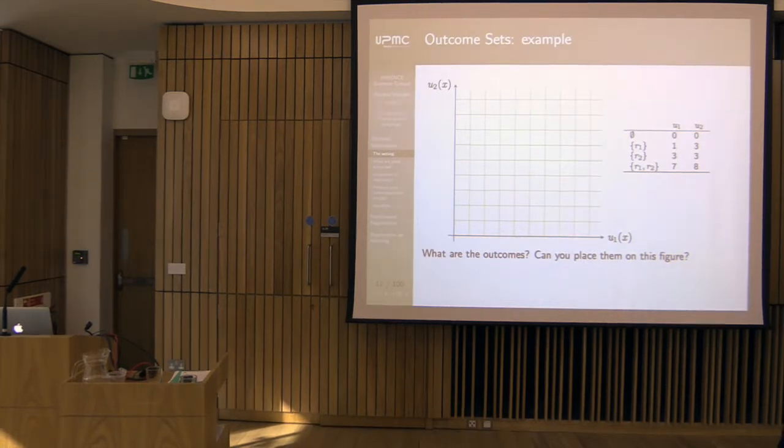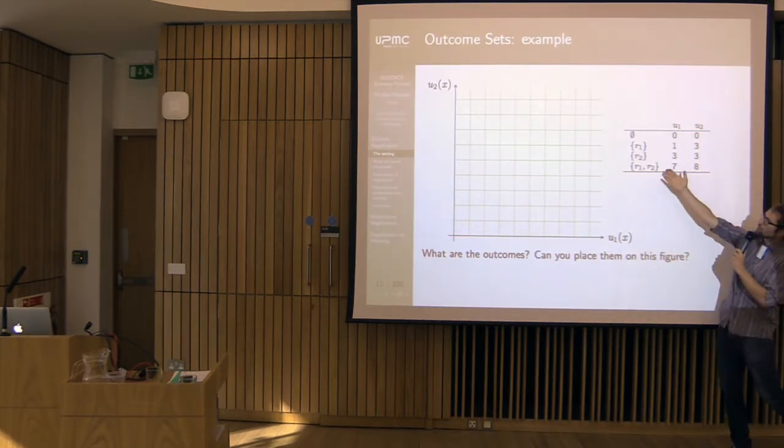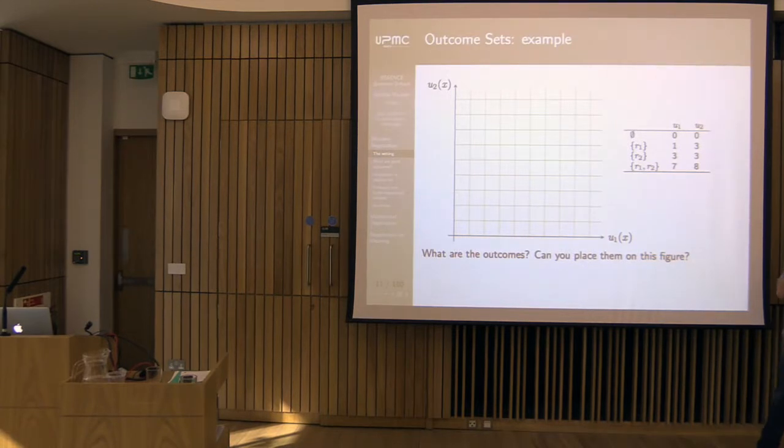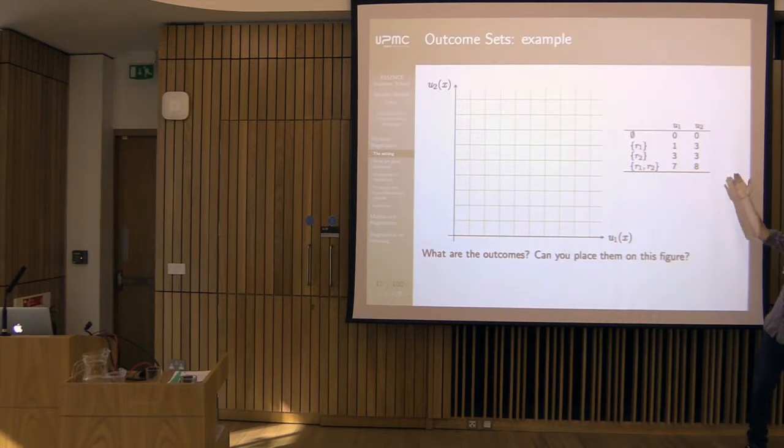If agent 1 gets resource R1, utility is 1, whereas the utility of agent 2 for the same item is 3. Okay? If agent 1 gets resource R2, utility is 3, the same for agent 2. And if they get both items together, the utility of R1 and R2 is 7, whereas for agent 2, it's 8.